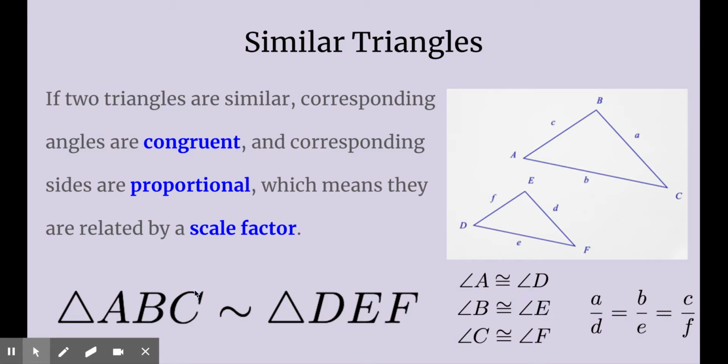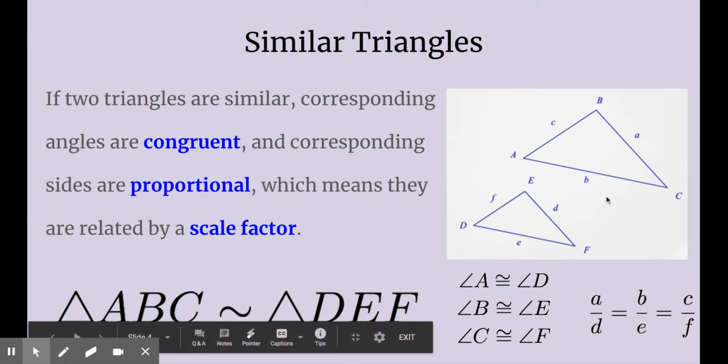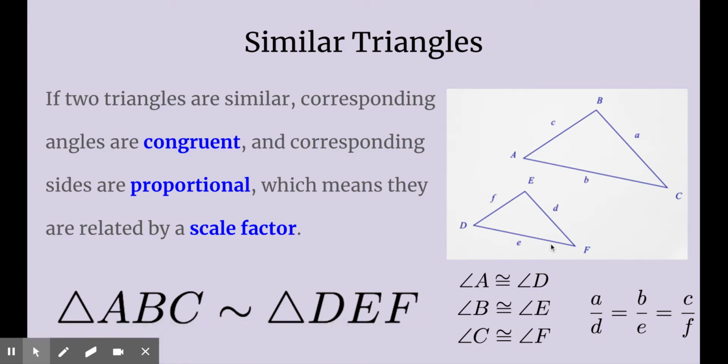If two triangles are similar, corresponding angles are congruent and corresponding sides are proportional, which means they are related by a scale factor. So here on the right, we have triangle ABC, triangle DEF.